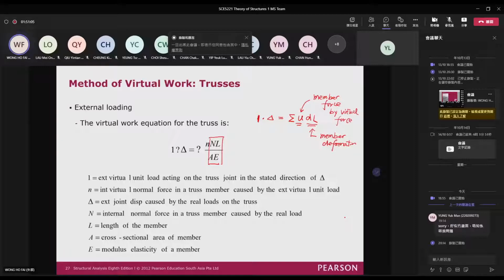So this is the DL. And this N is the member force due to the virtual force. Well, this is 1 times the delta. This is the summation.